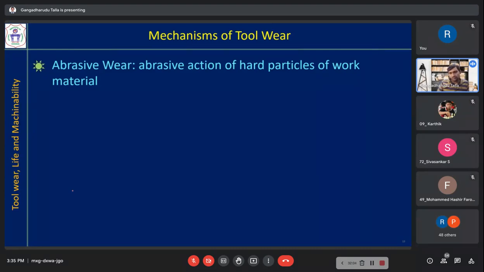There will be a few impurities in the workpiece material. Some very minor amount of silicon may be there, and a small amount of carbides. Those are hard. So whenever the tool is interacting with those, there will be some material removed from the tool.